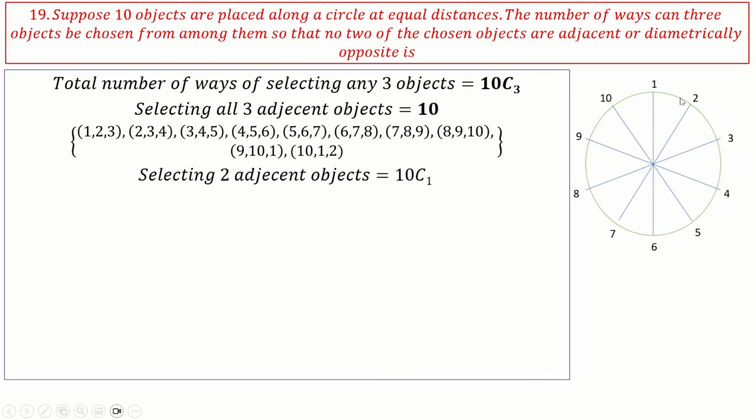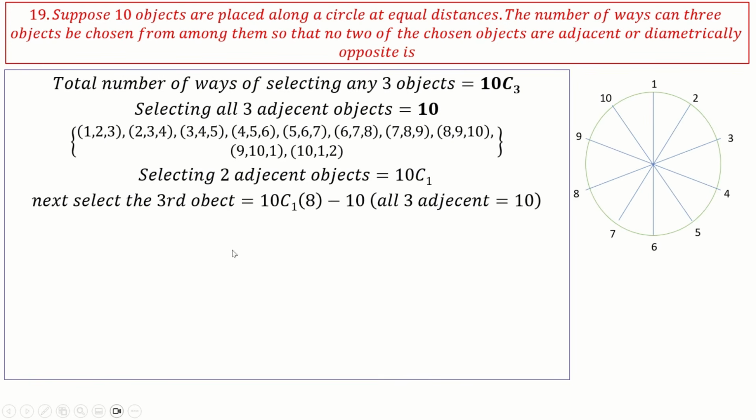Now, the third object I can select should not be adjacent to this selection, which means I am left with 1, 2, 3, 4, 5, 6. If I select these two, I have 8 objects basically. Then I select the third object, which is 10C1 into 8 remaining, minus 10, where all three adjacent are possible. So I should not select adjacent.